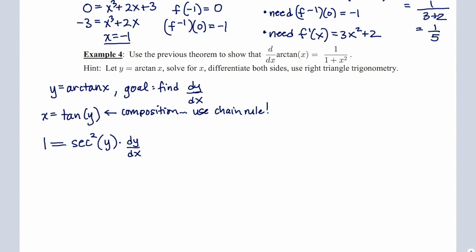Okay, so now I can say dy dx is 1 over secant of y squared.